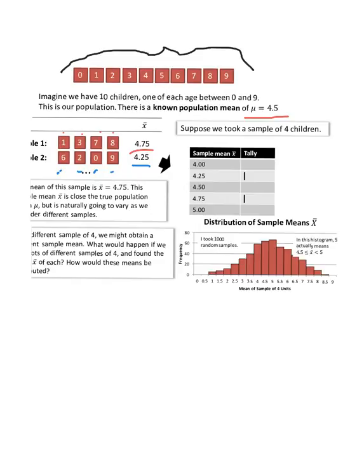We might have another sample with ages 0, 1, 2 and 3. Work out the mean of that, which is 6 over 4, which would give us a mean of 1.5, which would be down here somewhere.